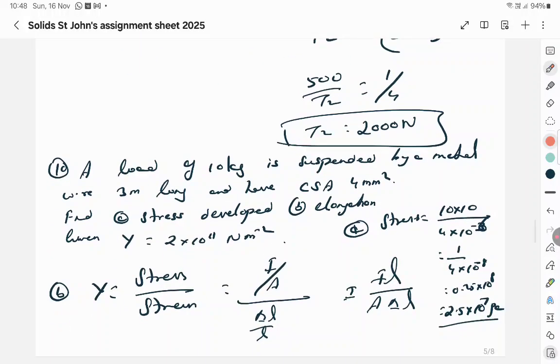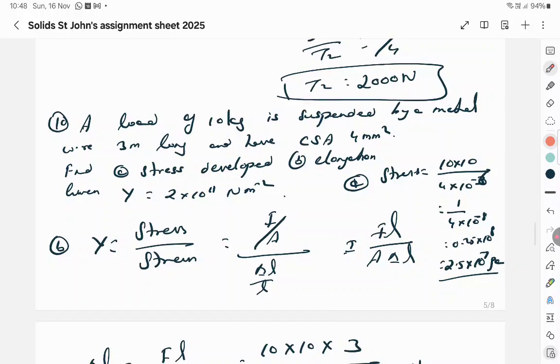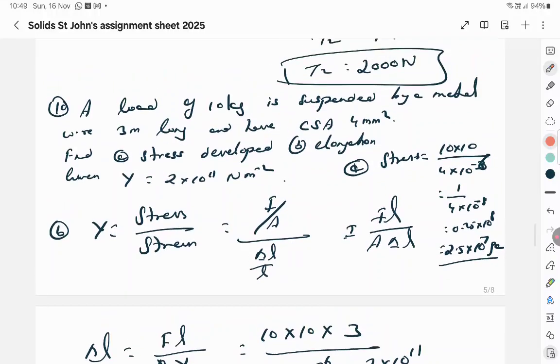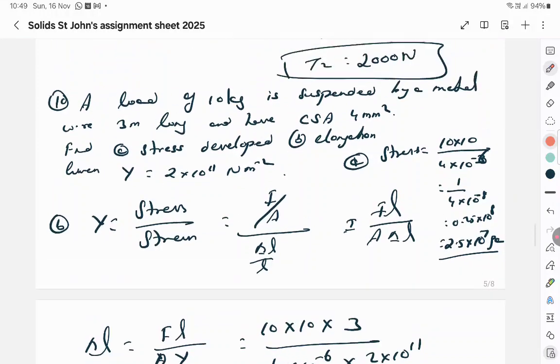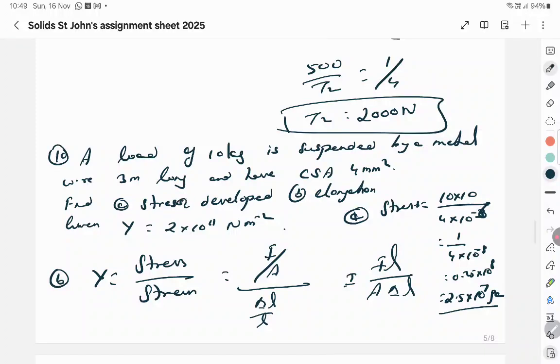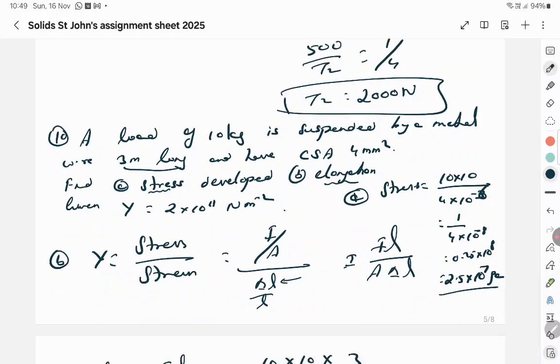A load of 10 kg is suspended by a metallic wire of 3 meter long and cross section area has been given. Find the stress developed. Stress is Young's modulus into strain. Oh, the stress we cannot find now because they've given original length, but they've not given change in length. Let's find the elongation using this formula. Delta L is the elongation.